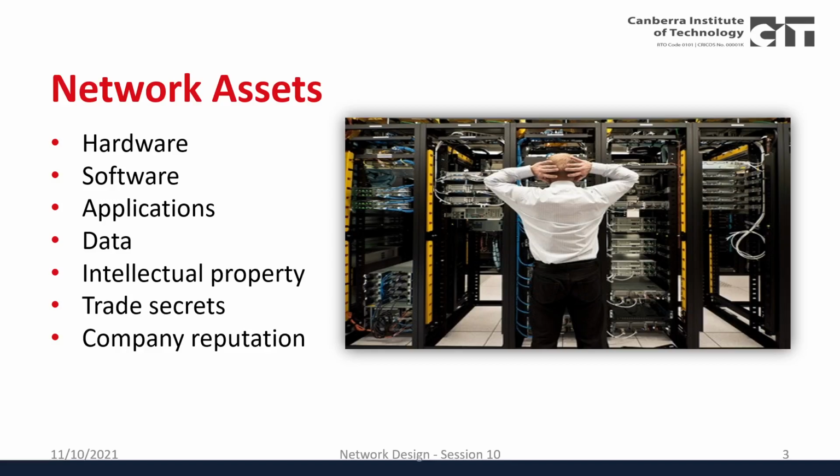Now, before we actually start connecting things to a network, we need to understand what things we need to plug in to a network. We need to understand what devices need to have access to the internet, for example. We need to understand what devices need to have access to the internal resources of the company.